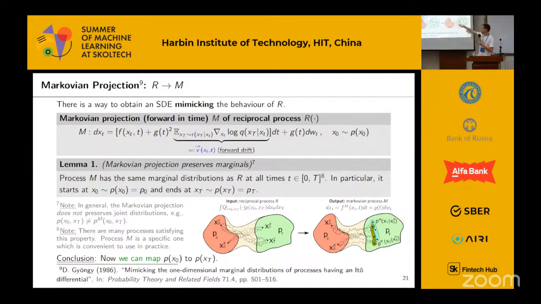And this drift can in fact be computed if we know the transition probabilities of our reference initial process Q, which we use to construct our reciprocal process and our bridges, and samples from this reciprocal process.